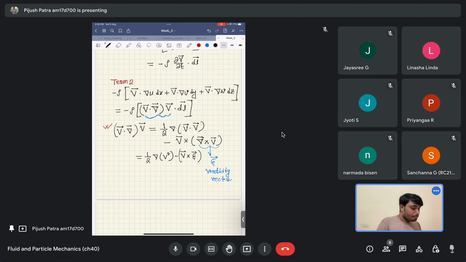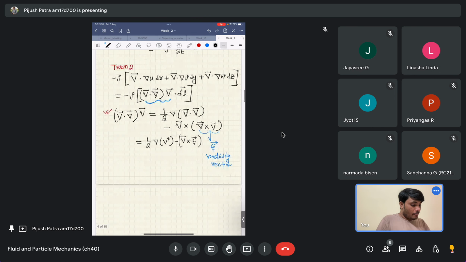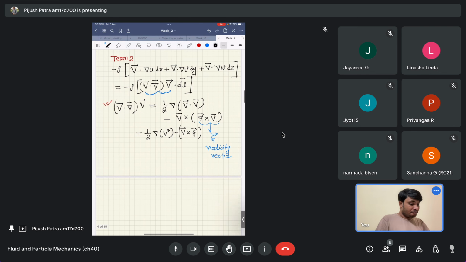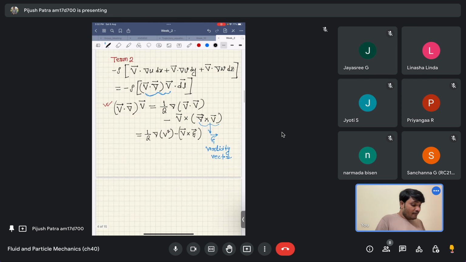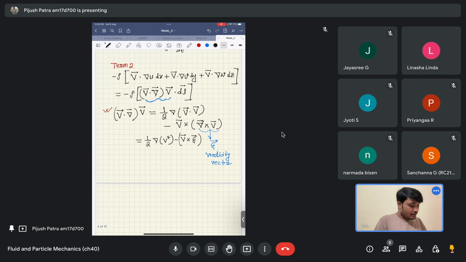Fine, right? Up to that. So when it will be dotted with dl, now this entire quantity is dotted with dl. Dl is again an elemental vector, that is dxi plus dyj plus dzk.